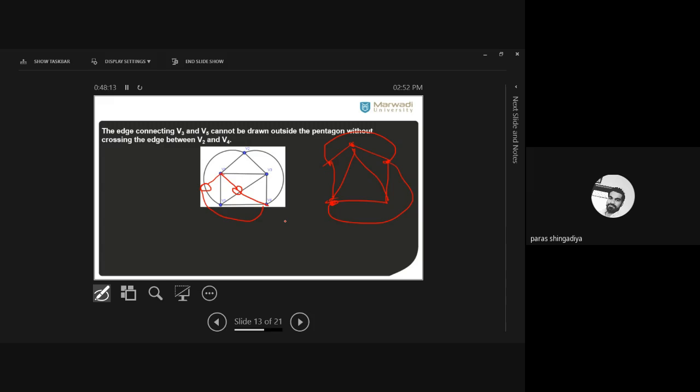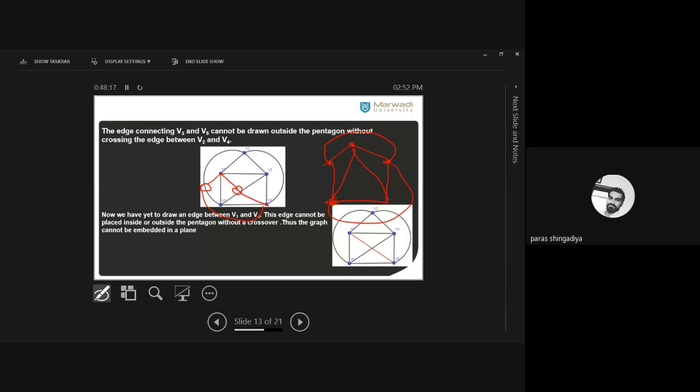So what is the conclusion? Since we have yet to draw the edge between V1 and V4, and the edge cannot be placed outside as well as inside the pentagon without crossover, thus the graph cannot be embedded in the plane.